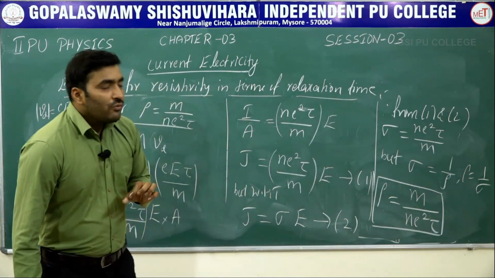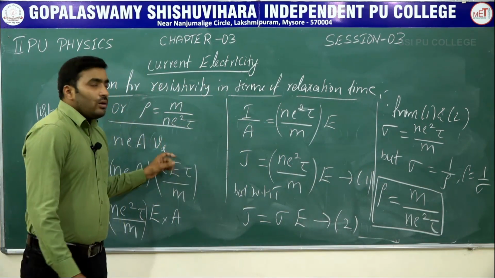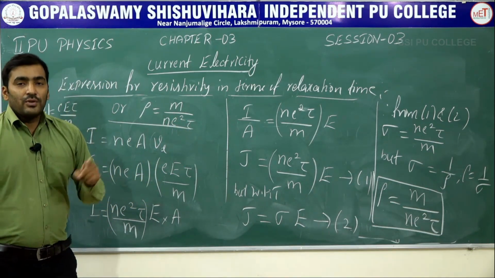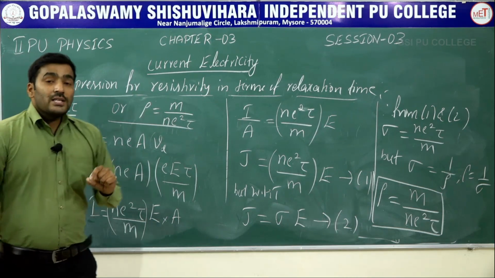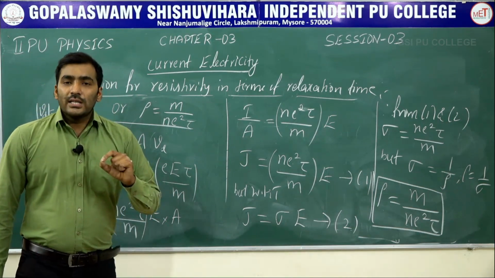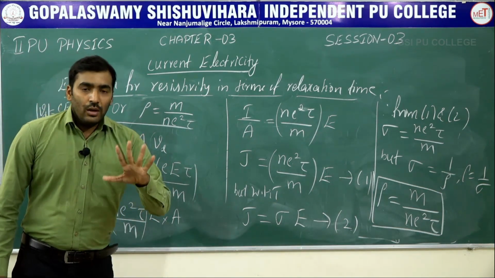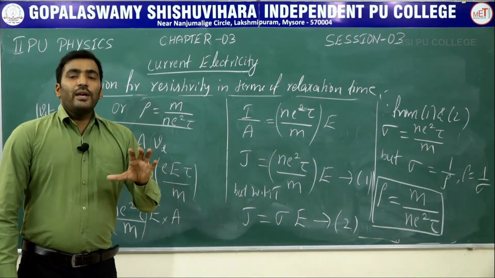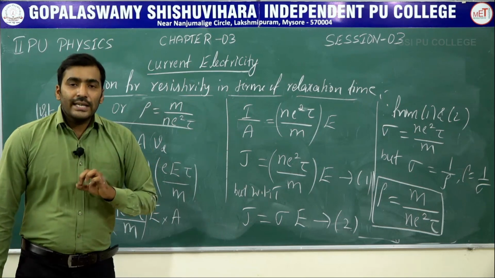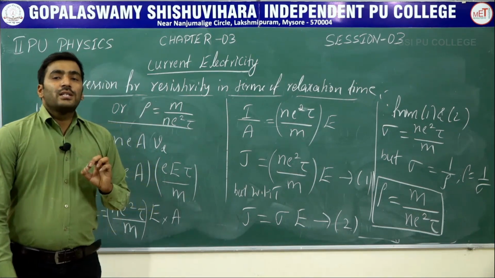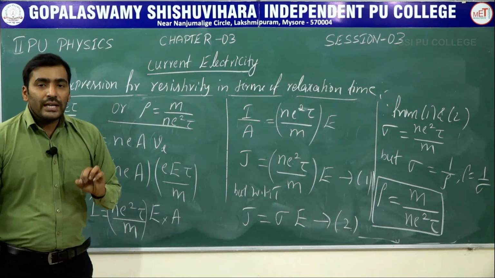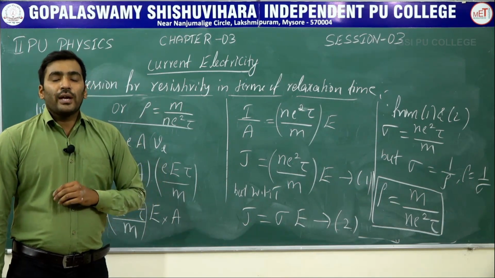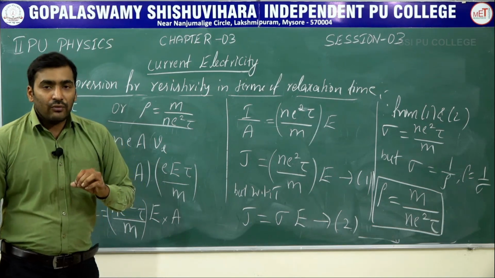Up to now what we have studied is, first of all, the expression for drift velocity and the definition of drift velocity, which is very important. The definition of drift velocity is the average velocity of all the electrons in a conductor which are drifted towards the positive potential against the electric field.